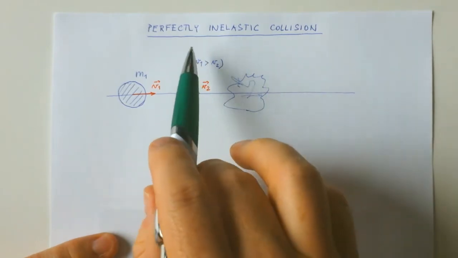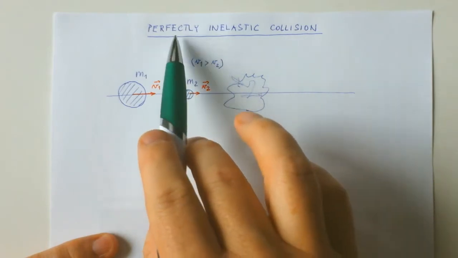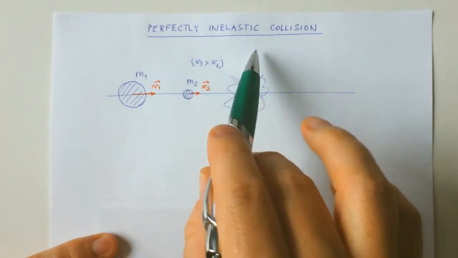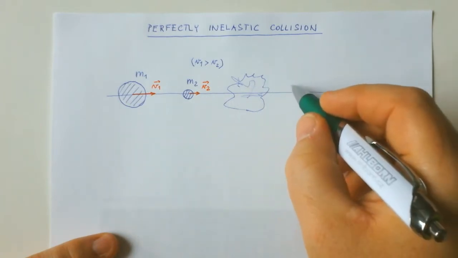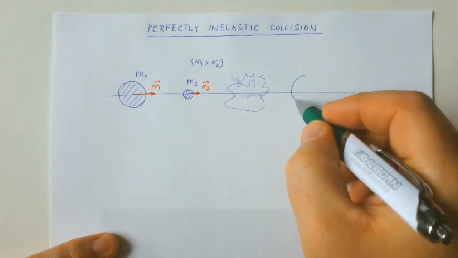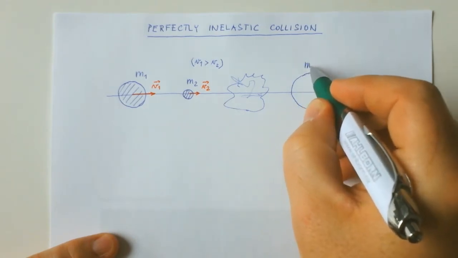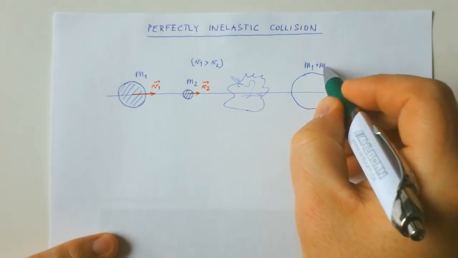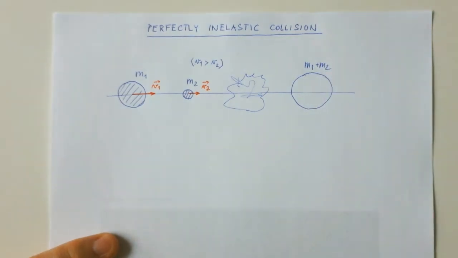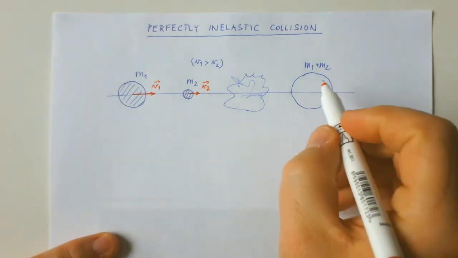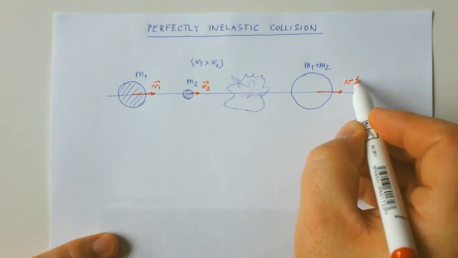Because we assume the collision is perfectly inelastic, both particles will stick together into one particle, finally with mass m1 plus m2 and with unknown velocity v star.